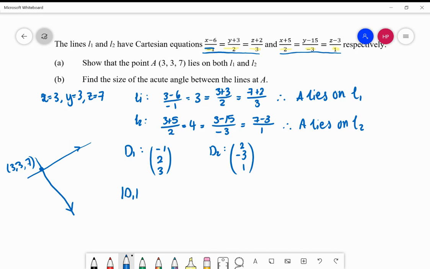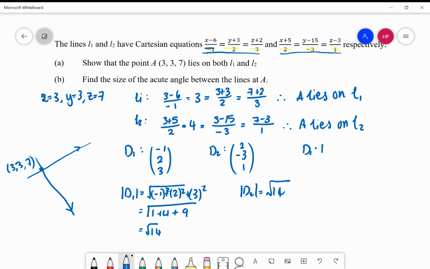So the magnitude of vector 1 is minus 1 squared, add 2 squared, add 3 squared. Of course, you can do Pythagoras in 3D. So 1 plus 4 plus 9, which is the square root of 14. And that means that the magnitude of D2 is the same because it's the same numbers. So we now also need to do D1 dot D2, find the dot product between them.